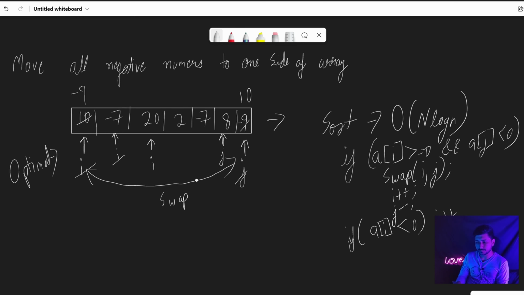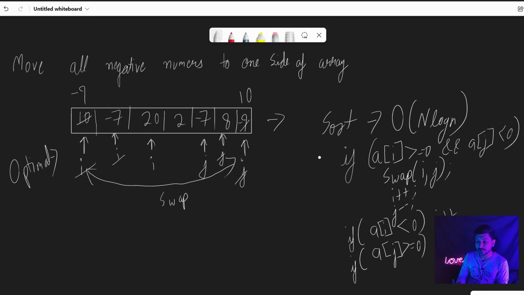I is here. Now you can see that none of the conditions are meeting. Then the last condition I was talking about is: A of J, if it is greater than or equal to 0, then we have to do J minus minus. We will do J minus minus and it will come here.